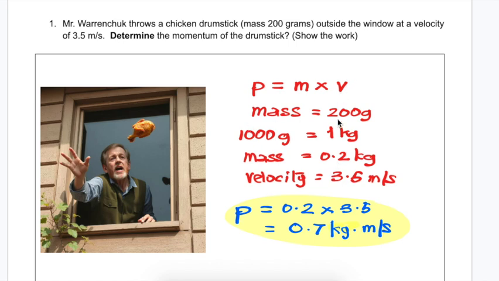We do that by dividing 200 by 1,000. That's how you convert grams to kilograms. You divide by 1,000 and you get 0.2, and then you plug those two values into the equation here to calculate momentum. 0.2 kilograms multiplied by 3.5 meters per second, giving us a momentum of 0.7 kilogram meters per second.